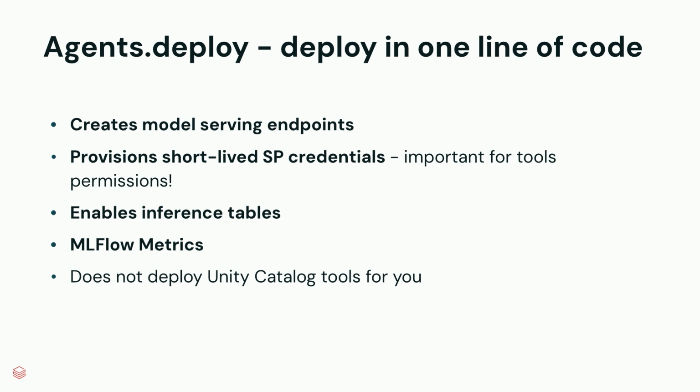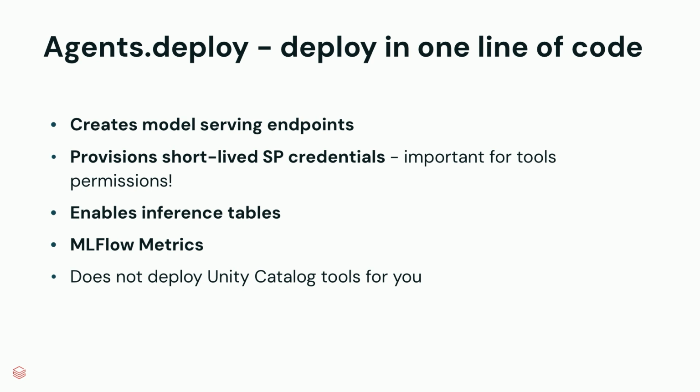It'll provision some short-lived service principal credentials, allowing you to pass through authentication from your model to your tools. That's going to be important if you're calling different agent tools and giving you those same credentials that you've set up in one region to the other.